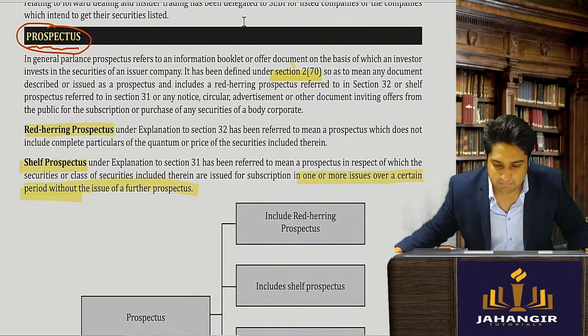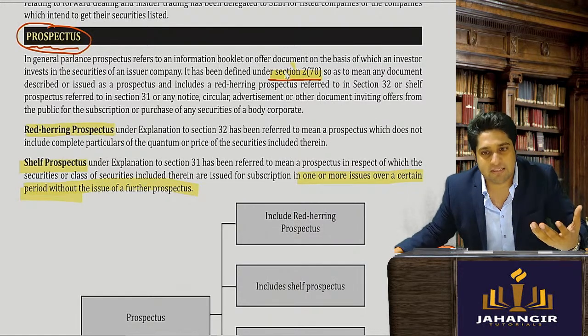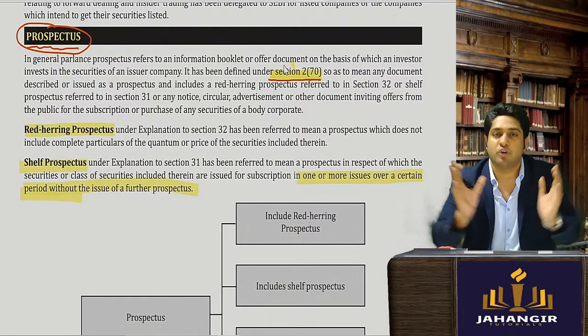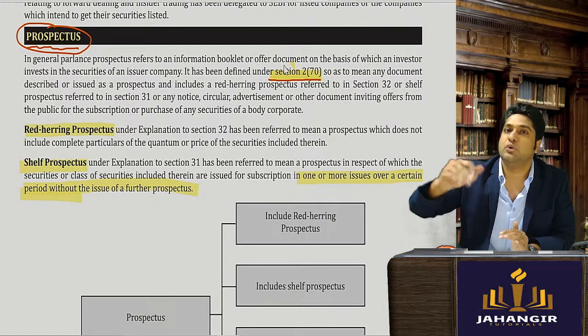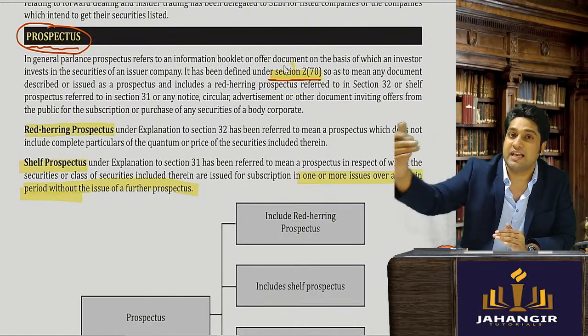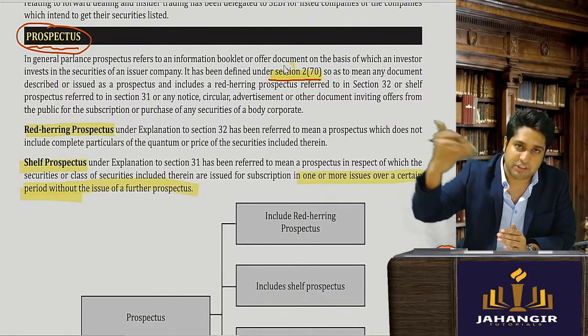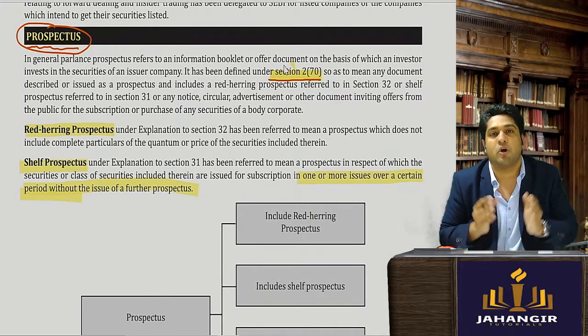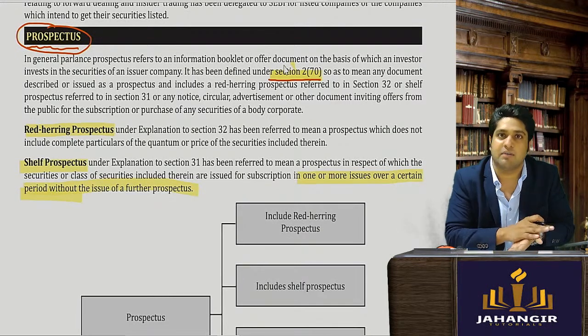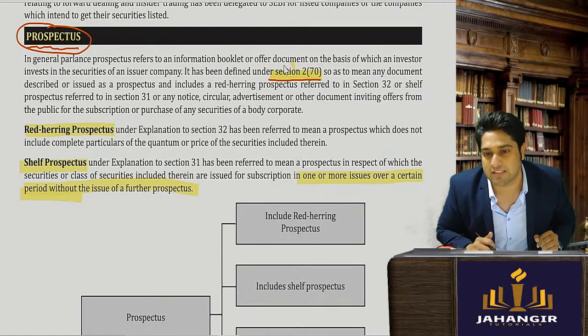Now let's understand the meaning of the term prospectus. Whenever I say prospectus, it means it is a document which is issued to the public, asking the public to subscribe to the securities of the company. So prospectus states all the details of the company and it says, please subscribe to my shares.